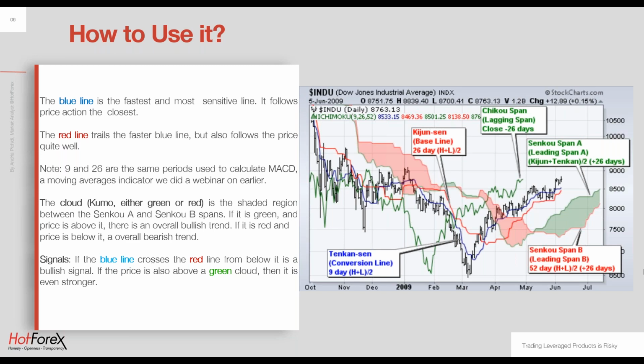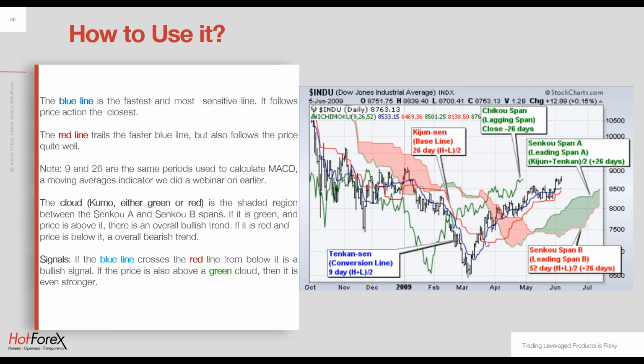Now we said how we can spot what the cloud means, if it's green or red, and when the price is above or below it. Now, if the blue line crosses the red line, think of it like moving averages. Blue is the short-term one, red is the long-term one.